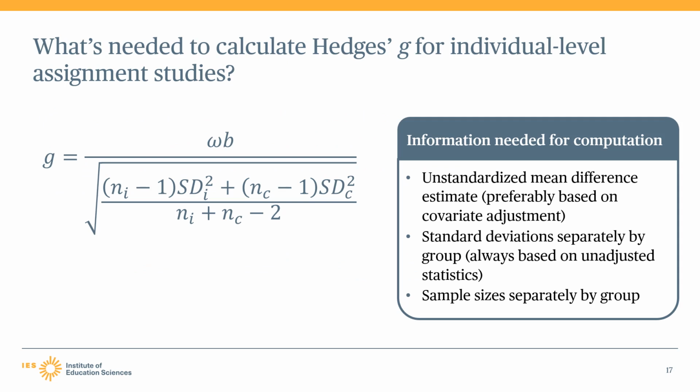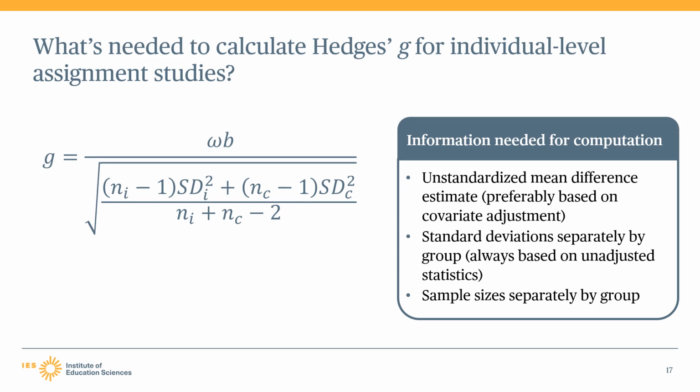Hedges G represents the difference between the average of a characteristic for intervention group members and the average of a characteristic for comparison group members, divided by the pooled standard deviation of that characteristic, where the pooled standard deviation is just the weighted average of each group's standard deviation.